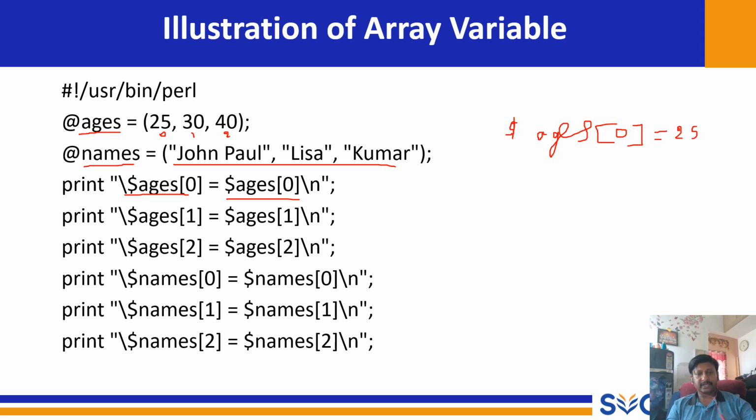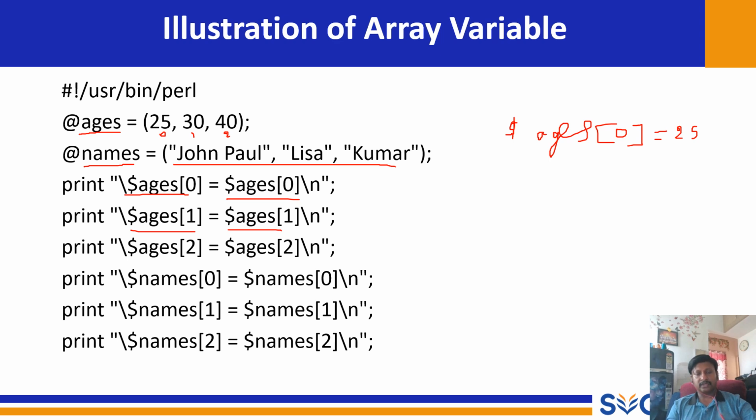And in the second print statement, you find $ages[1]. Before $ages[1], you have a slash. If you don't have the slash, you get 30 equals 30. But that is not the case here, because you find a slash, so obviously you output this as a string, that is $ages[1] equals 30. Similarly, $ages[2] equals 40.